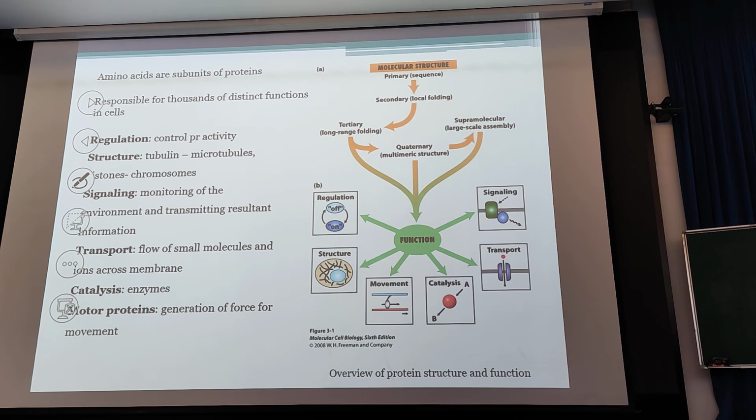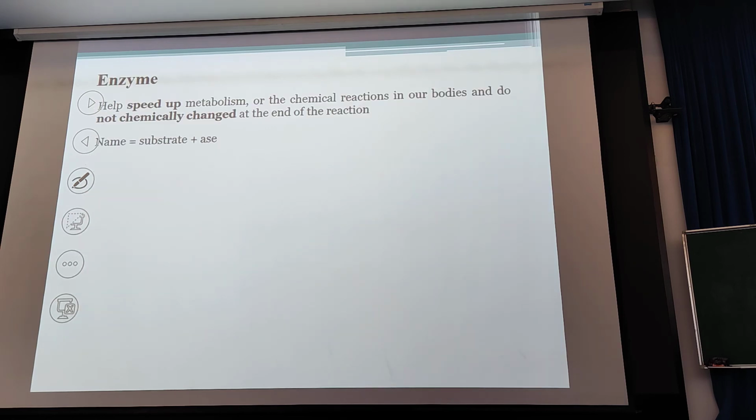And very important are the enzymes. Most enzymes, the majority of enzymes, are composed of proteins. Enzymes help speed up metabolism or chemical reactions inside our bodies, and they do not change at the end of the reaction.